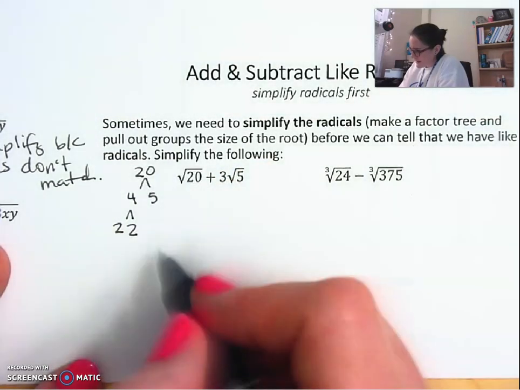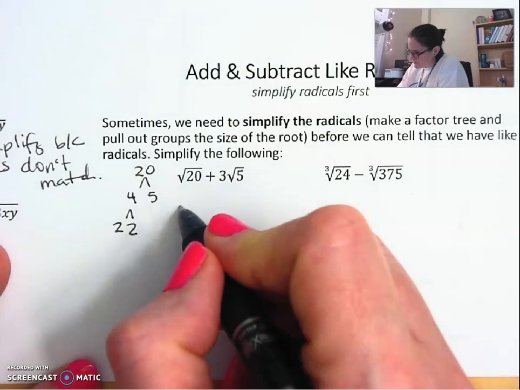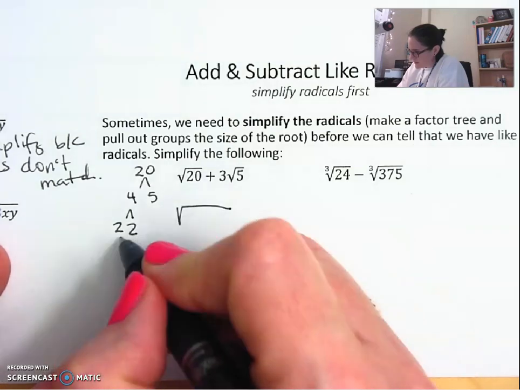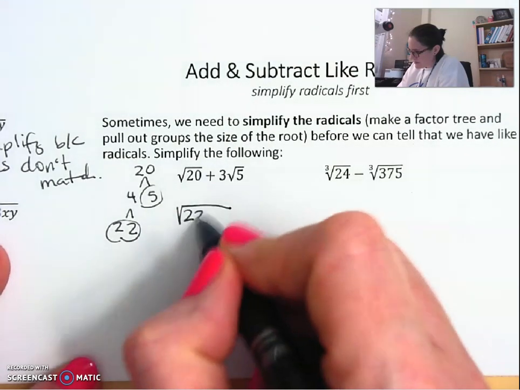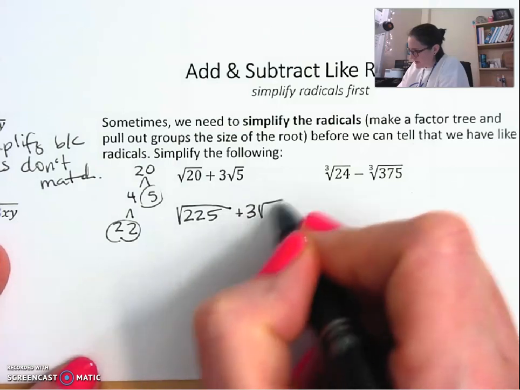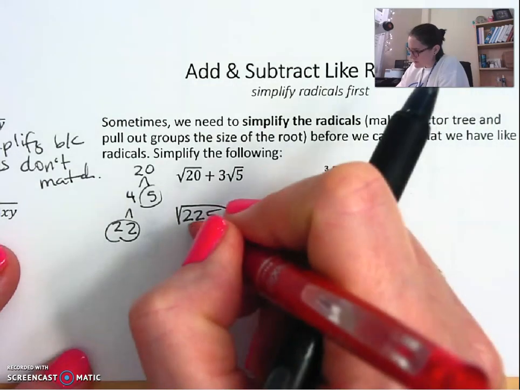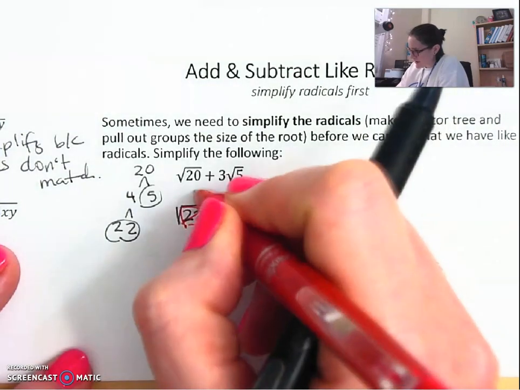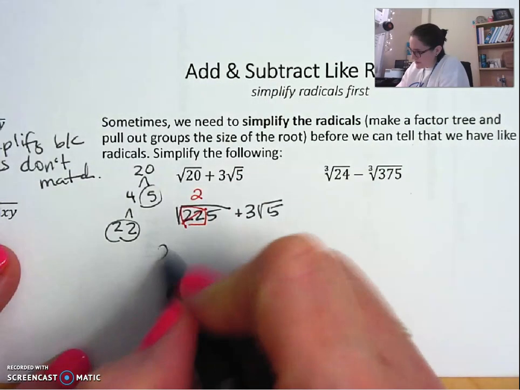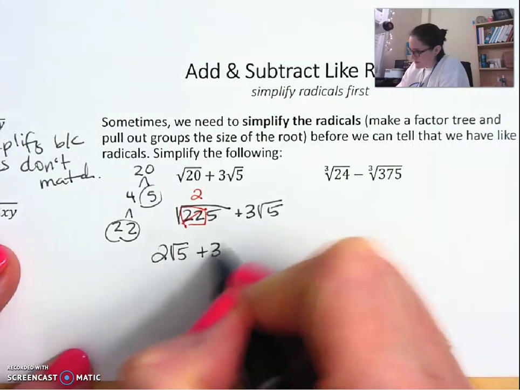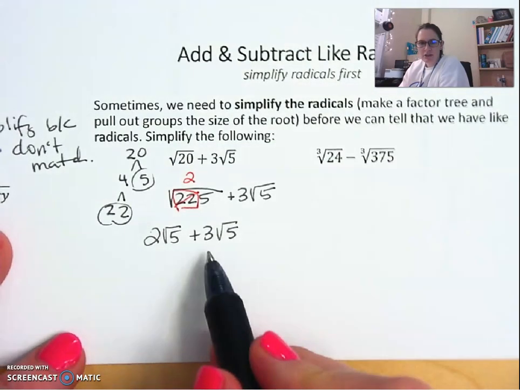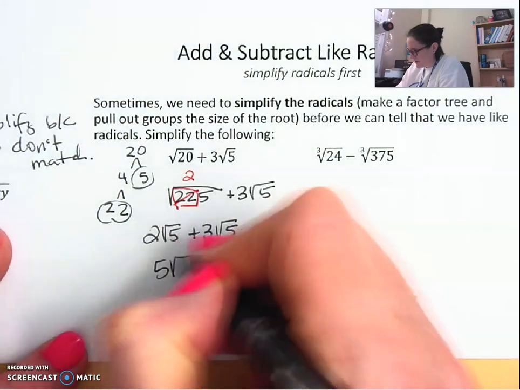And so I can rewrite that as the square root of 2 times 2 times 5 plus 3 rad 5. And I'm looking for pairs of 2, so I'm going to pull out 1. So that gives me 2 square roots of 5 plus 3 square roots of 5. And then the math on the coefficients gives me 5 radical 5.